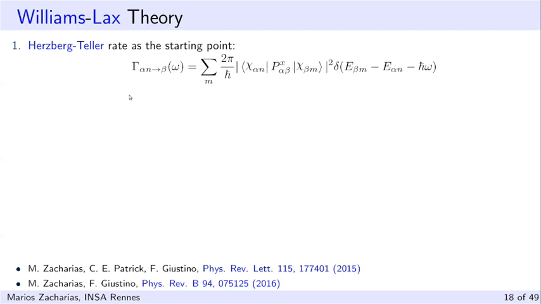The starting point of the Williams-Lax theory is the Herzberg-Teller rate, where we have a summation over all final nuclear wave functions. Here P represents electronic transitions from an initial state alpha to a final state beta, and the delta function contains the energies of the joint electron-nuclear system.